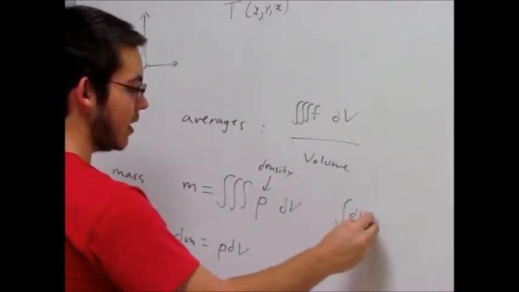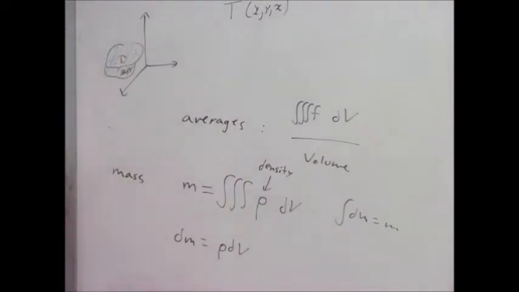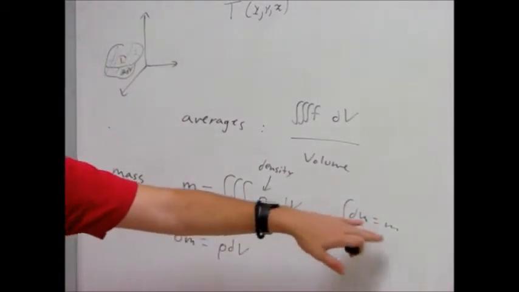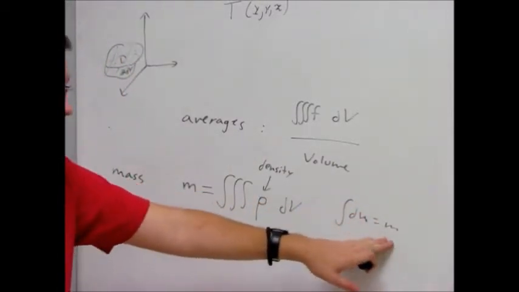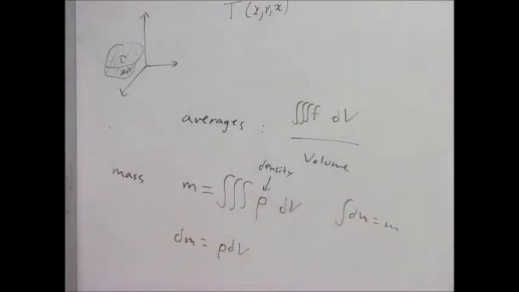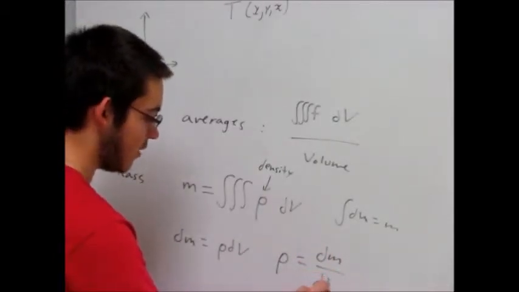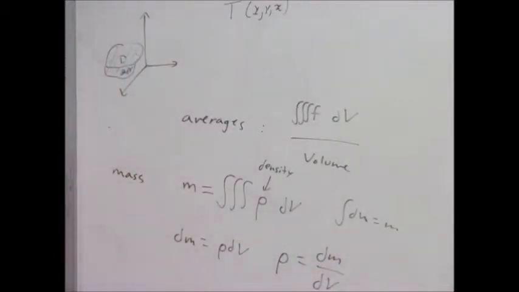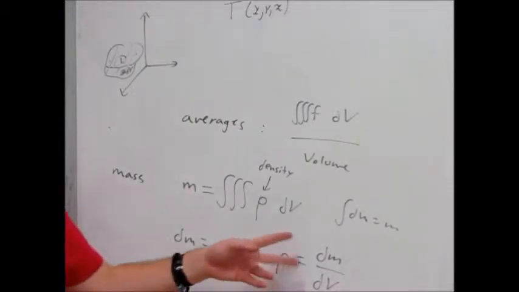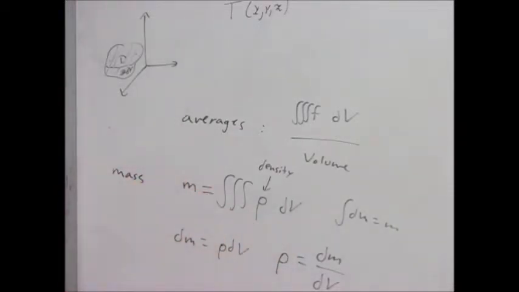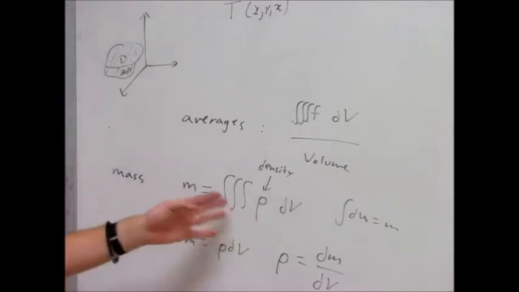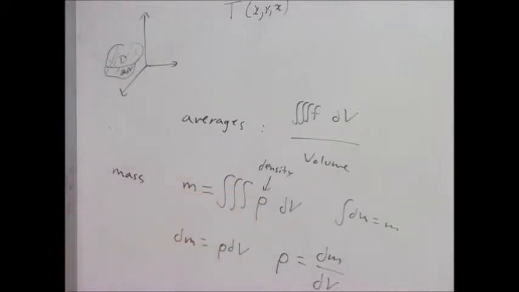The integral of dm equals m, like we were talking about before. It's a basic principle that the integral removes the d, just gives you back your m. Because of course we know density is mass over volume, the derivative of mass with respect to volume. If it's not uniform density, you want instantaneous density, or the density at an exact point. So if you knew your density function, you could integrate that over a region to get the mass.